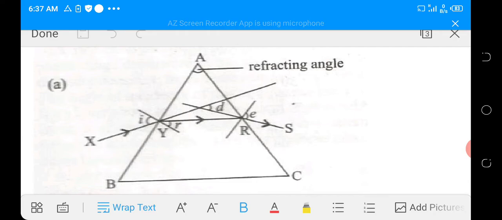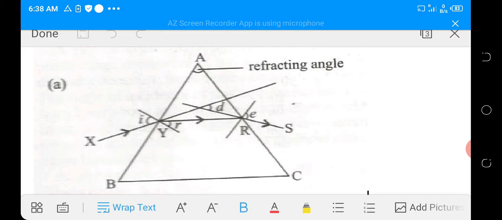After that, you remove it, then you draw a normal to side AB at point Y. Then draw a line XY to represent the incident ray and let this line make an angle 30 degrees with the normal to represent the angle of incidence. Then after you've done that, replace your triangular glass prism ABC. Then go to the other side AC.